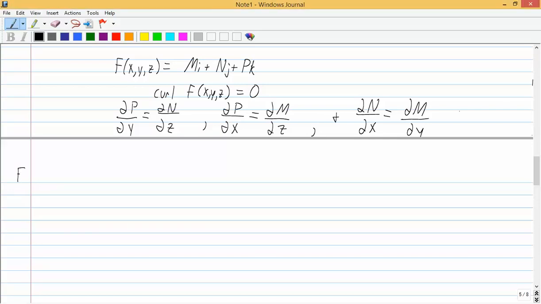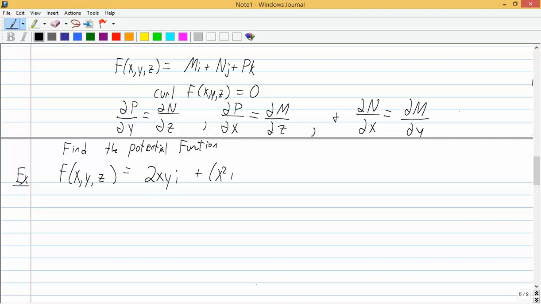So, for example, let's say that I wanted to find the potential function for F of x, y, z equals 2xy i plus x squared plus z squared times j plus 2xz k.